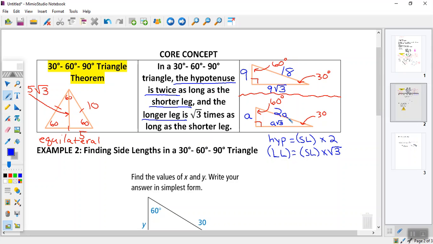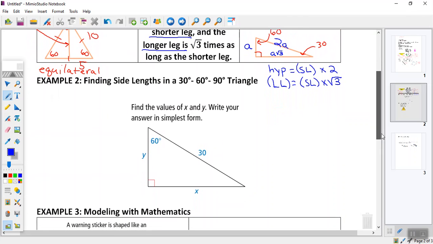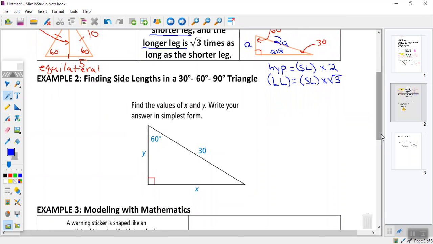So let's see if we can make this work. Here's your triangle, kids. I want you to see if you can come up with the length for y and x for me. So 30, 60, 90. By the way, how do I know if this is 30 degrees down here, given what's here and here?